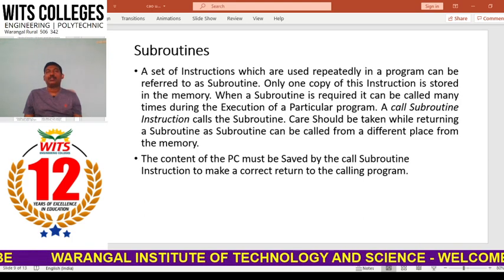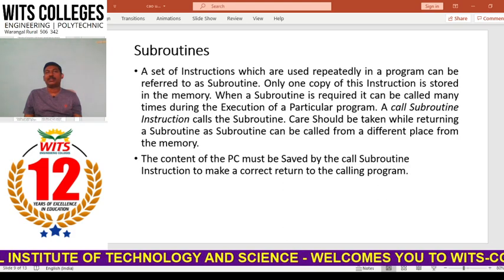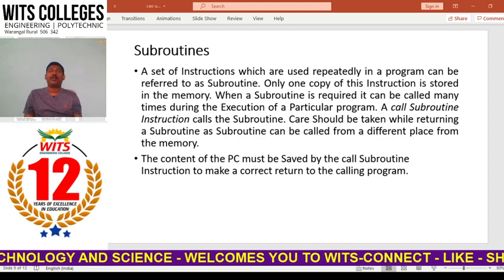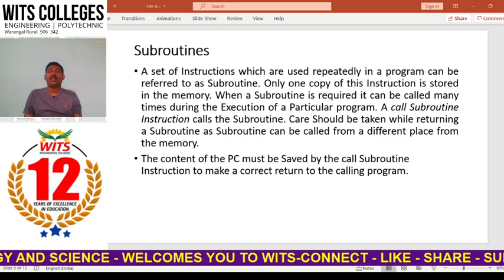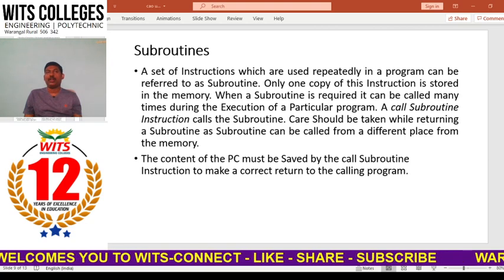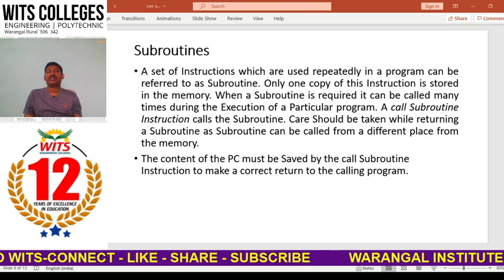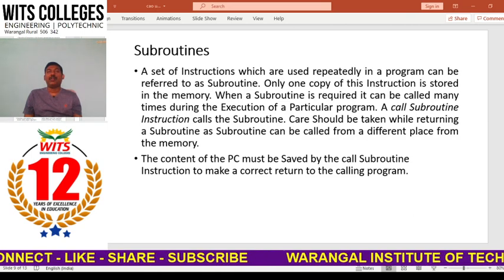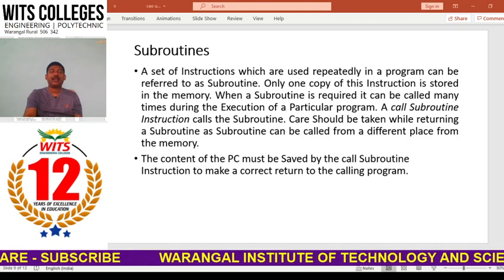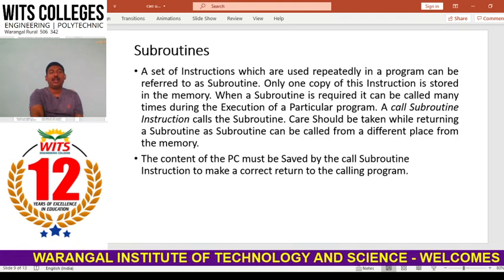Next comes the concept that the PC must be saved by the call subroutine instruction to make a correct return to the calling program. So the major task is not only creating a subroutine; you have to call the subroutine and you have to return from it. That means instructions should be given correctly when you are calling the subroutine program. These are all the things involved regarding the subroutine.